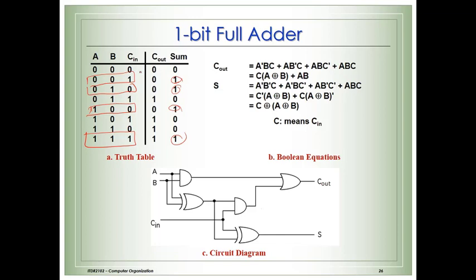So for this one, I'll get A naught, B naught, C. Then A naught, B, C naught. Then for this input, we are getting A, B naught, C naught. And for this one, we are having A, B and C, correct? So this we got for S, right?